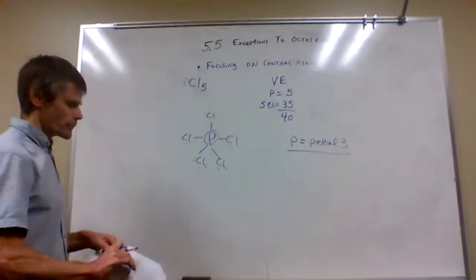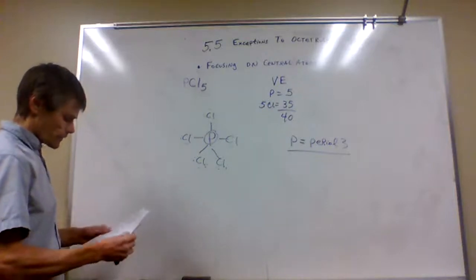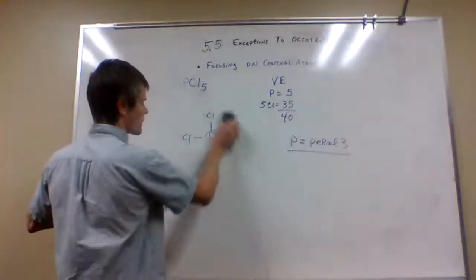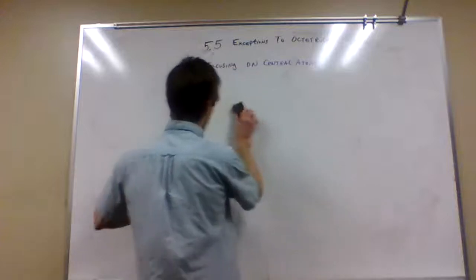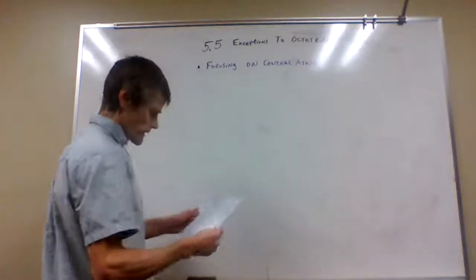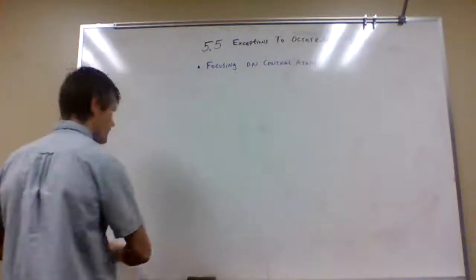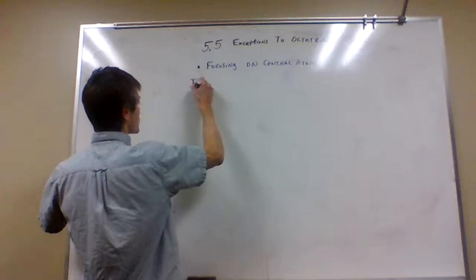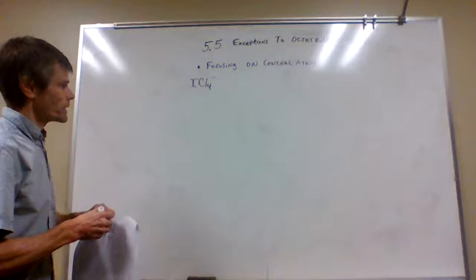Let's look at another situation. This is an ion, a polyatomic ion. This is the iodine tetrachloride ion. Kind of a cool name, ICl4. It's a polyatomic ion.